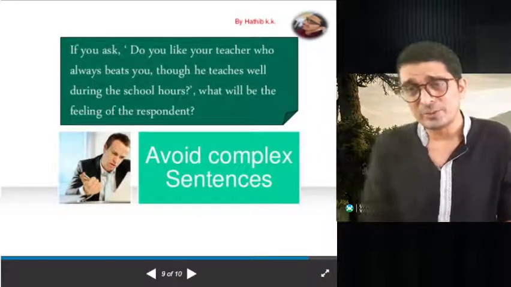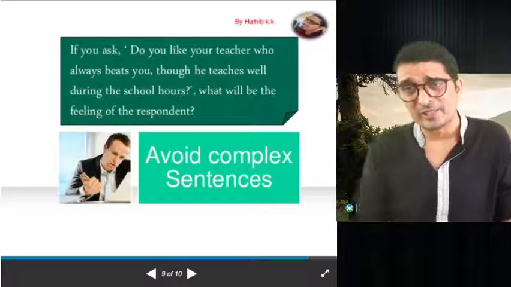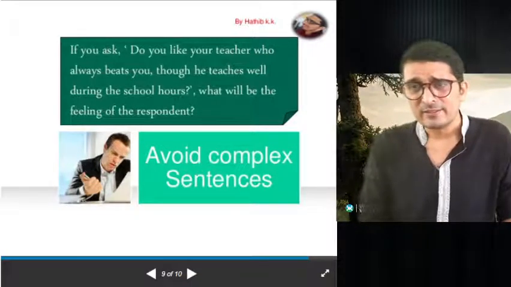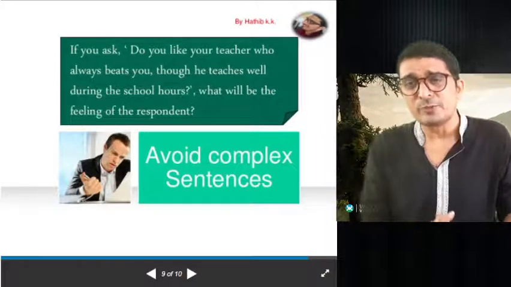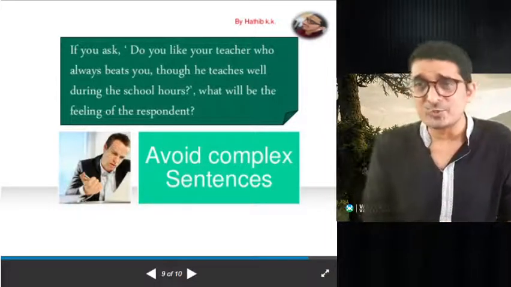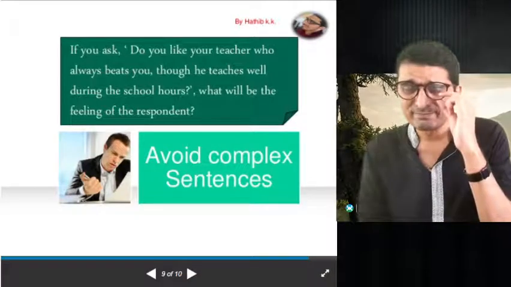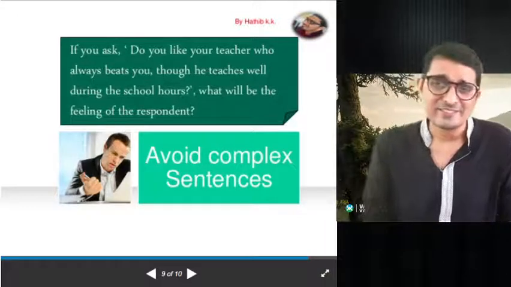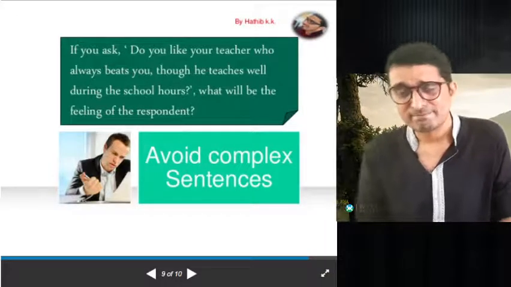Your intention is not to show your knowledge in English or in the language, or your ability to prepare questions. Your main intention is to collect data for your study. That should be in your mind at each and every second.